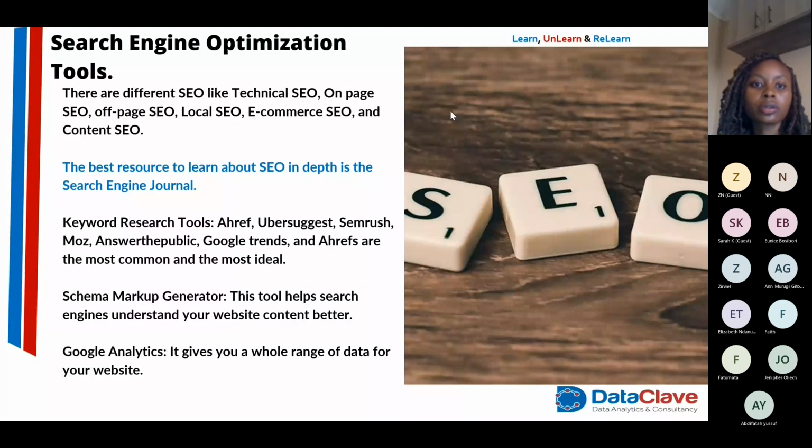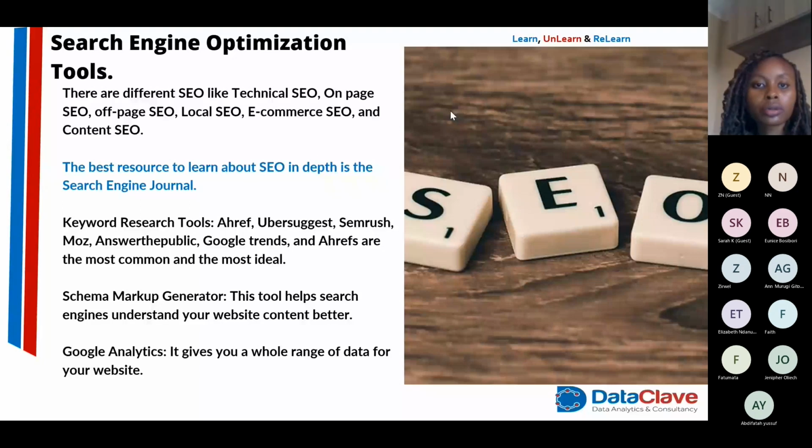Then you have on-page SEO. On-page SEO is the meta description, the keywords that you're using, the links that you're using on the website. Then you have off-page SEO.